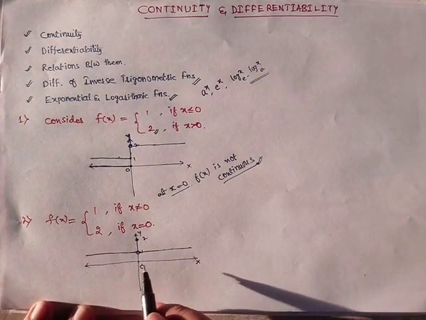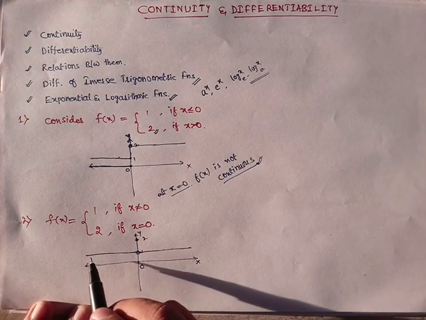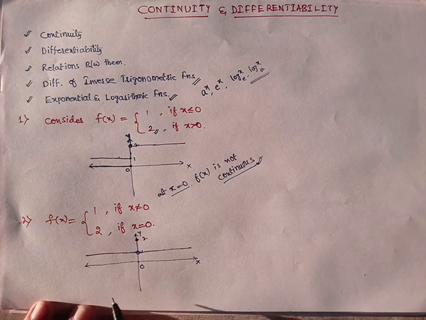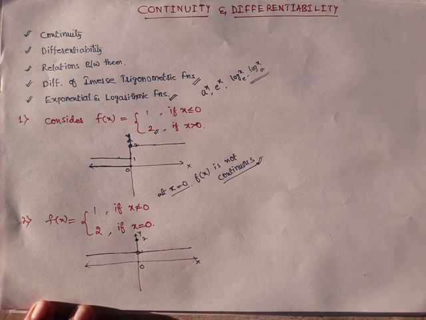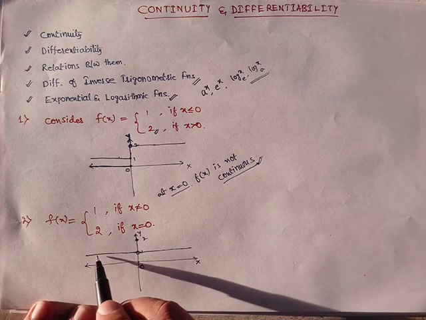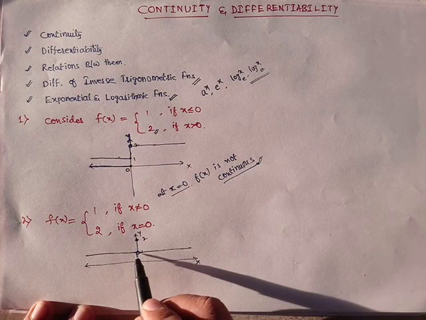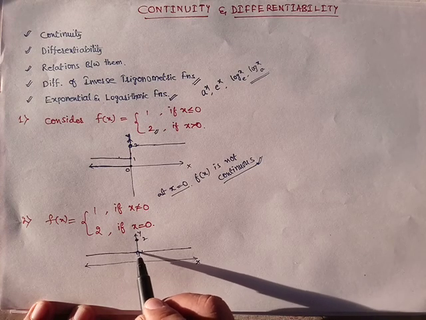Now we will see the same thing, whether we are able to draw, in that particular domain where the function is defined, the graph without lifting the pen. So continuous from here, it is moving here, and after this at x equals 0, this 1 is not considered here.